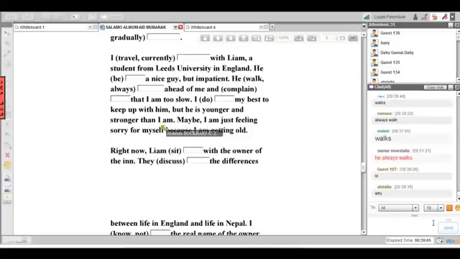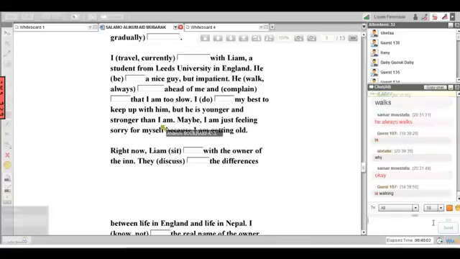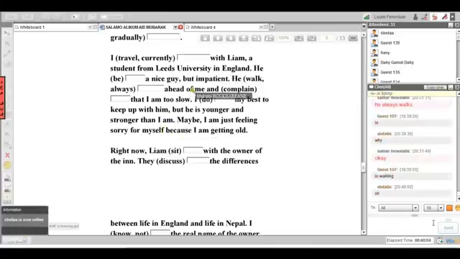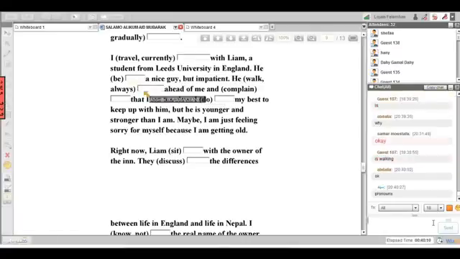Normally we have to write I'm currently traveling. We need a double L in here. This is the right answer: I'm currently traveling.